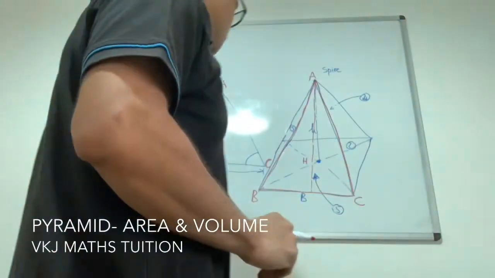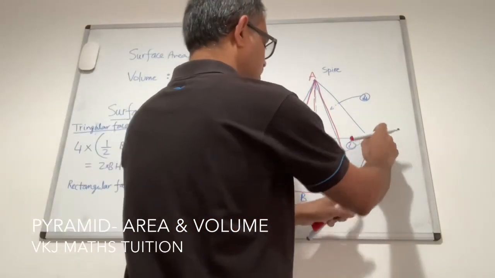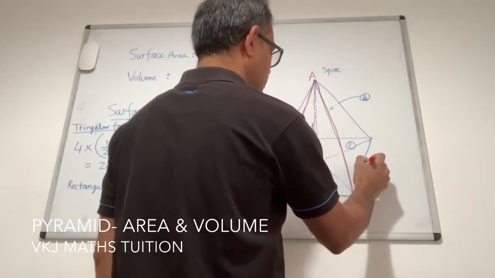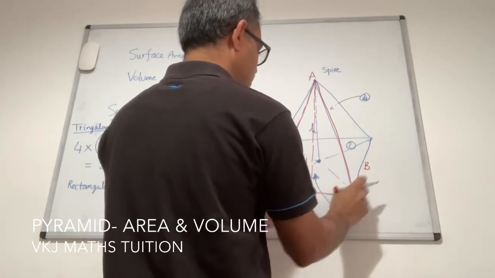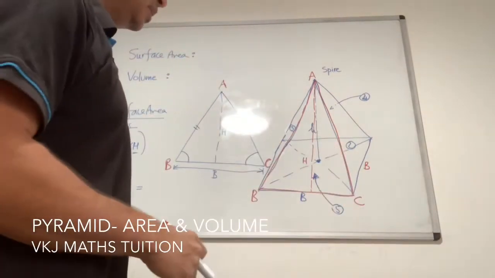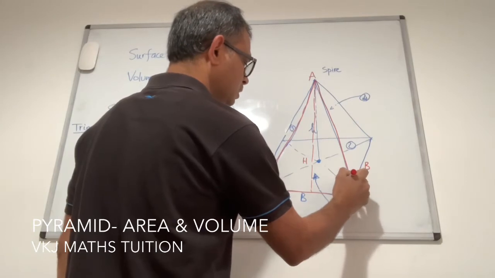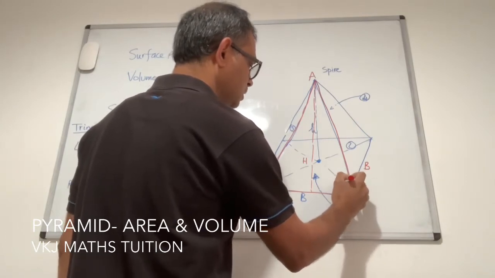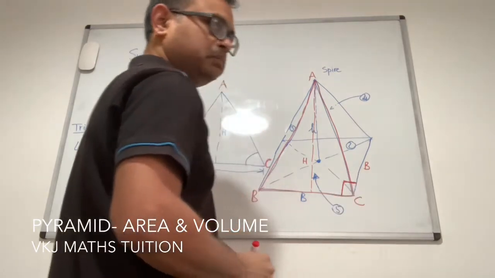If that is a square, then this length and this length are the same, isn't it? This is the base length, and this is the base length, and it's a square, so that would be a 90 degree angle. Though it is drawn at an angle, that's why you can see it like that. But this angle would be 90 degrees. Would it be or not?